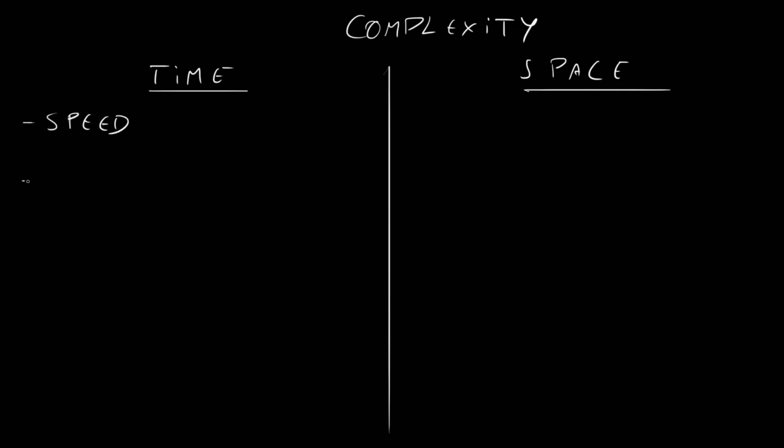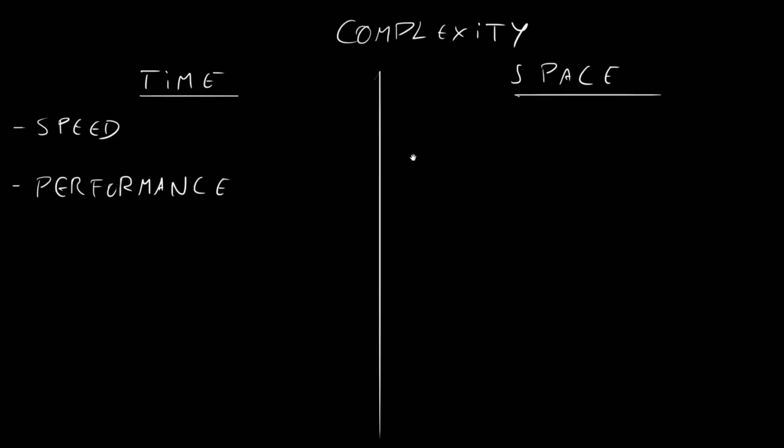Also what we usually refer to as the performance, right? Now, performance does not exclusively refer to time complexity. It can also refer to space complexity, but most of the time when people talk about the performance of a computer, a machine, a program, a video game, whatever, they are usually talking about the time.